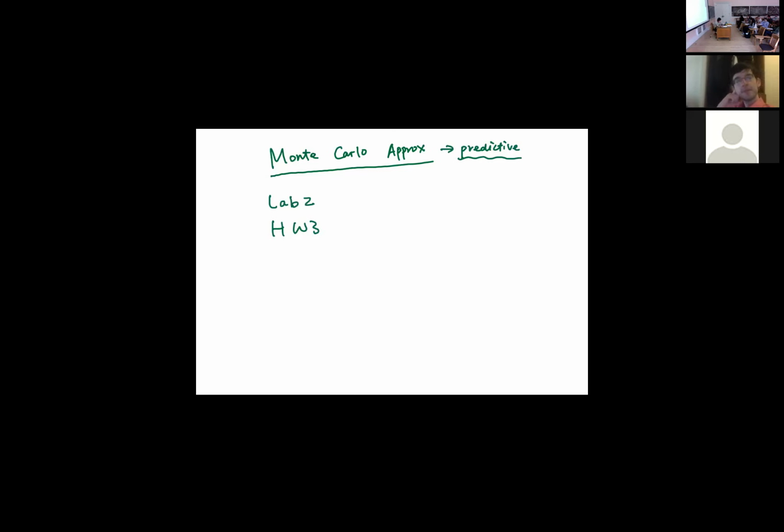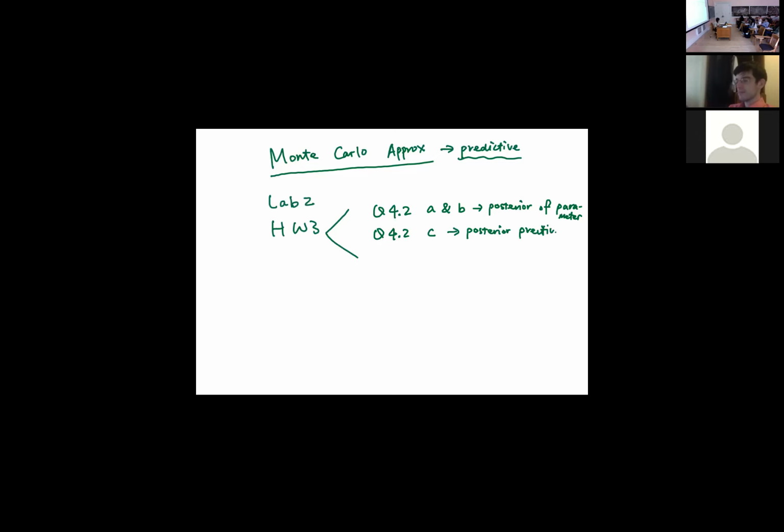So for homework 3, there are 2 questions, and let me break them into 3 parts. So 4.2, part A and part B, these are talking about posterior distribution of the parameter. Okay, and then the third part of 4.2 is part C. That's talking about posterior predictive.